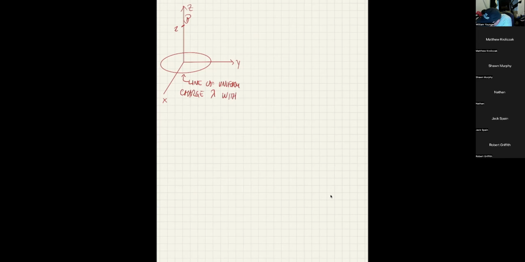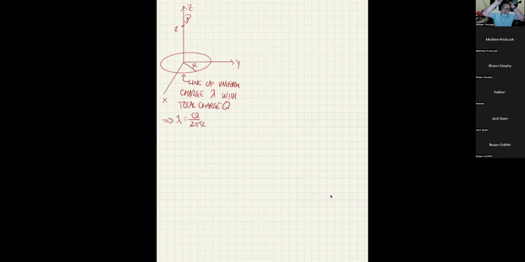A line of uniform charge lambda with total charge Q. So that means since this radius right here is R, that means lambda is equal to Q over 2 pi R. Does that make sense?